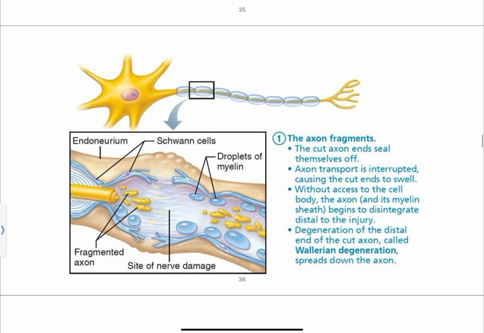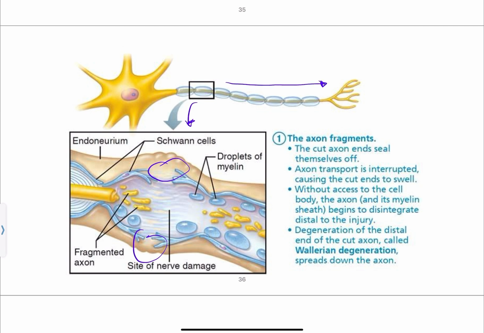So this is just showing you the first picture where we have the axon fragment. We can see in this specific area of the axon we have damage right here. So basically what's going to happen is everything distal, so if this is the box that's blown up right here, distal would mean farther away from the cell body itself.